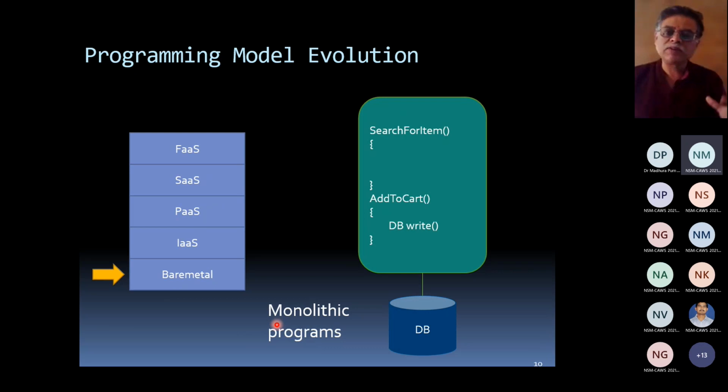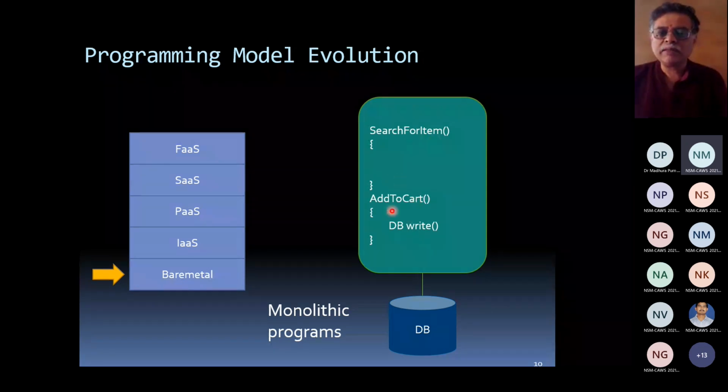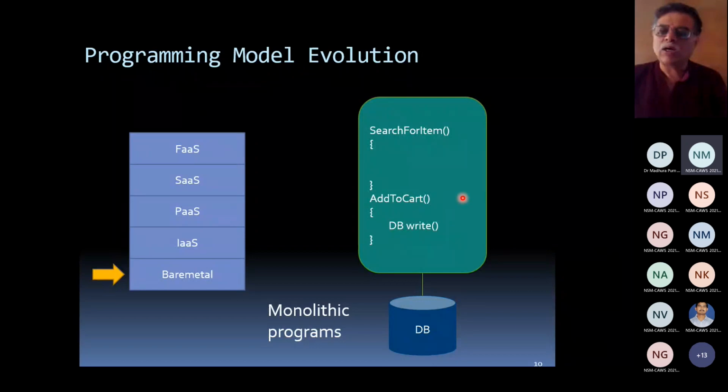We write these programs. Let's assume that we are writing a small application which is doing some kind of an e-shop kind of thing. Let's take something like Flipkart or Amazon, where you have two functions here. One is you search for an item, and then you have something where you add to cart.